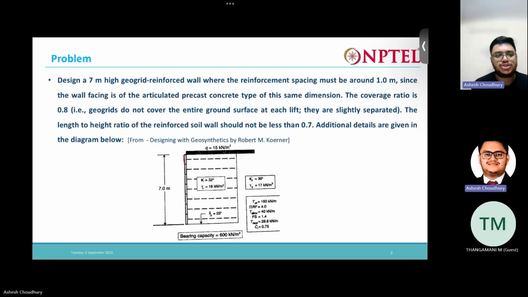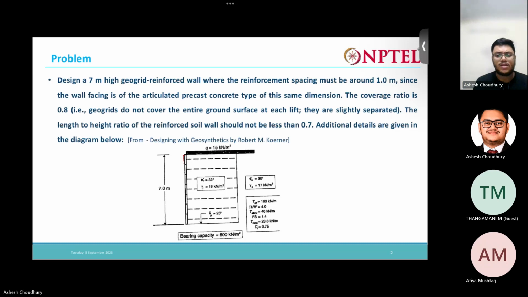One condition is given, which says that the length to height ratio of the reinforced soil should not be less than 0.7. The additional details are given in the diagram below. In the diagram, you can see we have a surcharge at the top, 15 kilonewton per meter square.